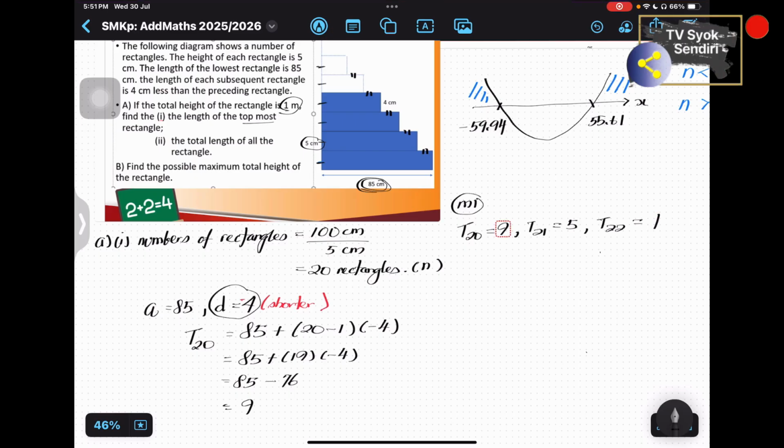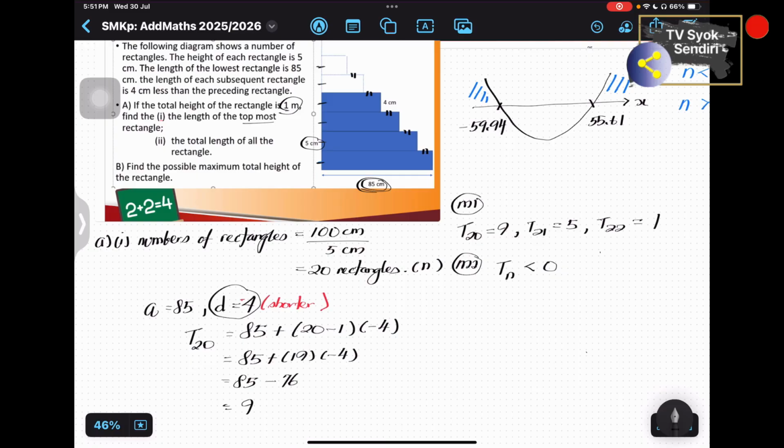This is using method 1, using calculations. But if you don't want to use this, let's use a mathematics method. Tn is less than 0, because it's getting shorter and shorter, and your length cannot go negative. So your T22, which is 1, is already your last one.